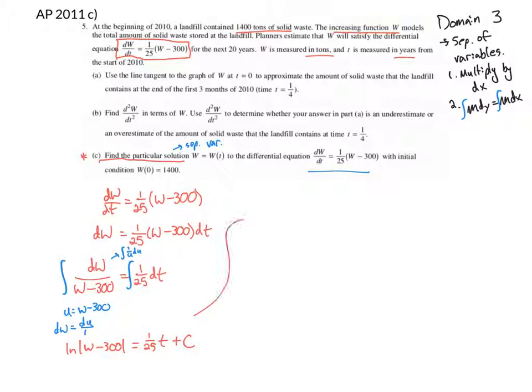So I'm going to take this solution, which is my general solution right now, and I like to work on solving for W at first, or solving for y if this were y.